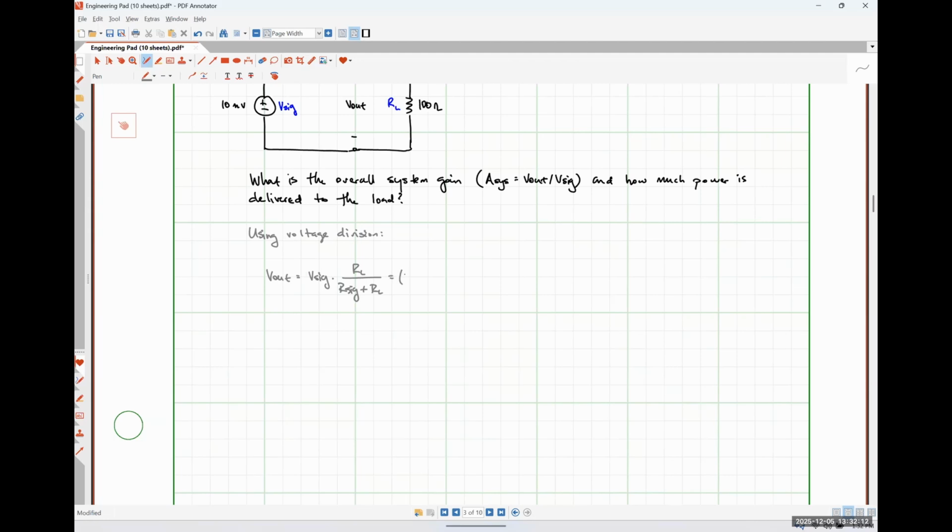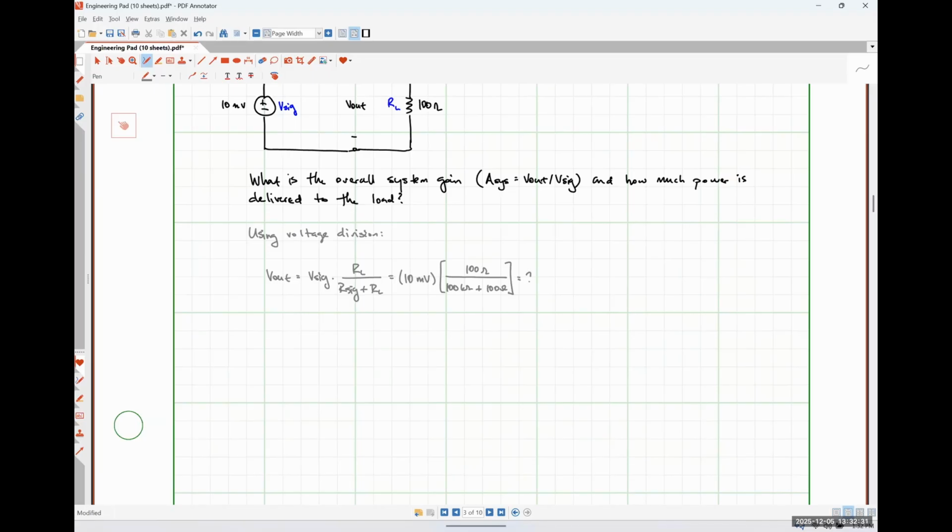Substituting in numbers here, that's going to look like 10 millivolts multiplied by 100 ohms over 100 kiloohms plus 100 ohms.